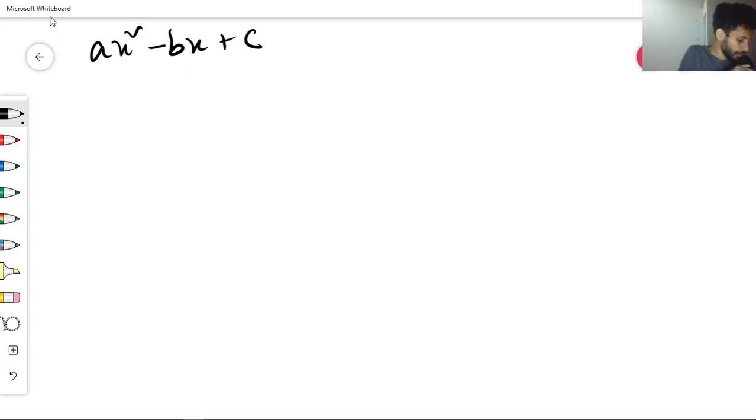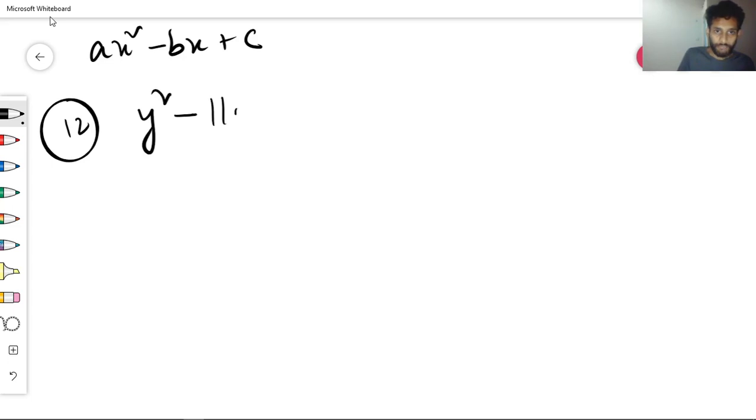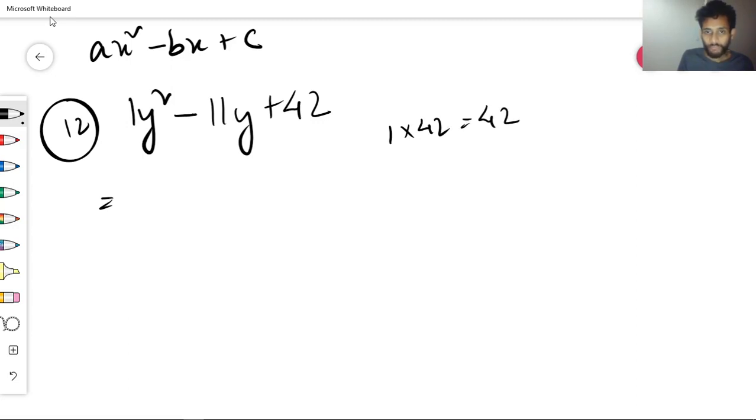Question number 12 is of that format: y square minus 11y plus 42. Here there is 1, so we multiply it with 42. 1 into 42, the result will be 42. After that we will find the prime factorization of 42, and we will also consider this 11.